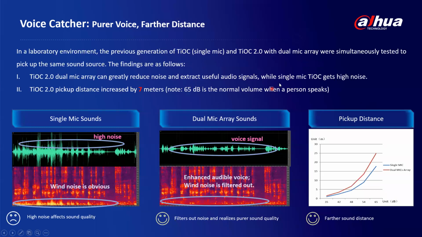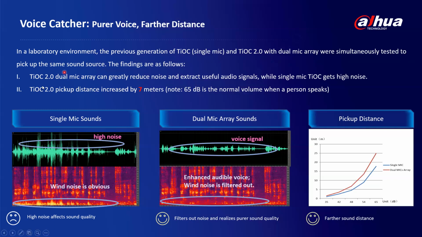This is basically to elaborate the voice catcher's ability. In this case, in the lab environment, the previous TiOC single mic and the TiOC 2.0 with a dual mic array were simultaneously tested to pick up the same sound source. And the findings are as follows.